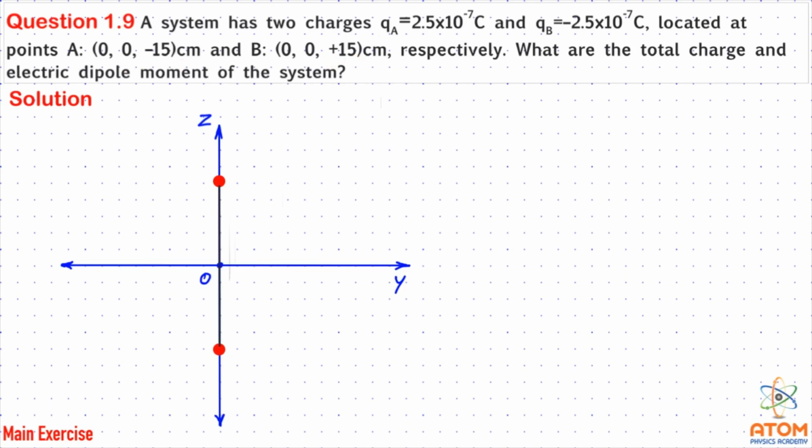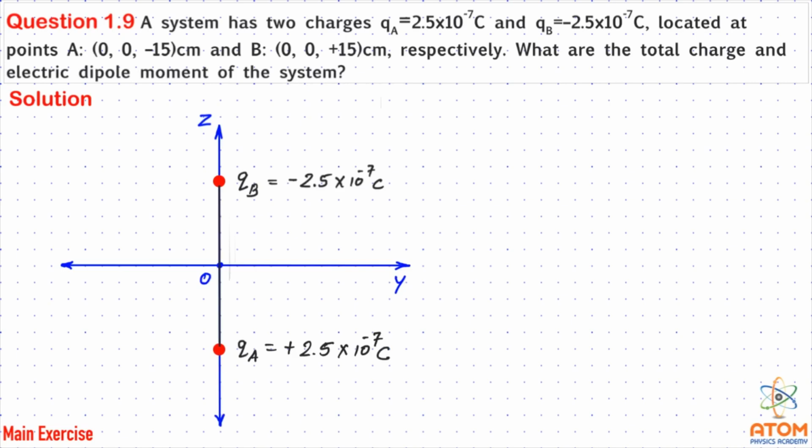Let me mention that this will be QB, that means minus 2.5 into 10 raised to minus 7 coulomb charge, and this is QA, that is plus 2.5 into 10 raised to minus 7 coulomb.